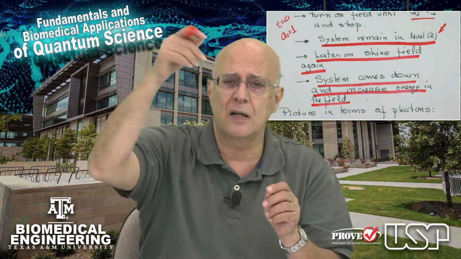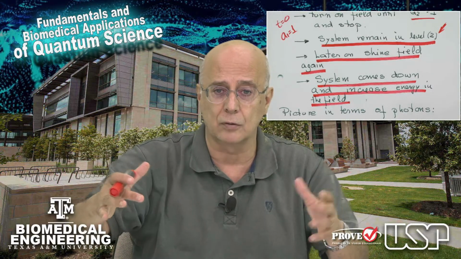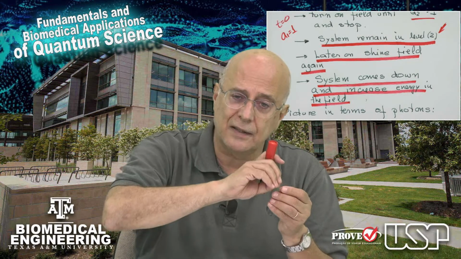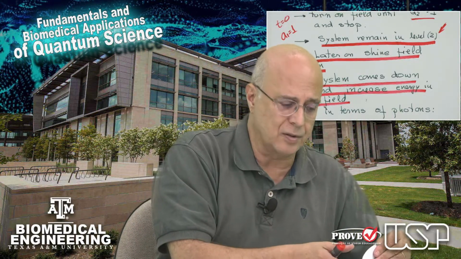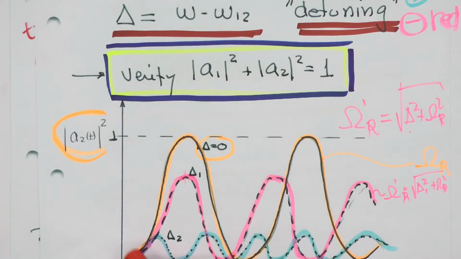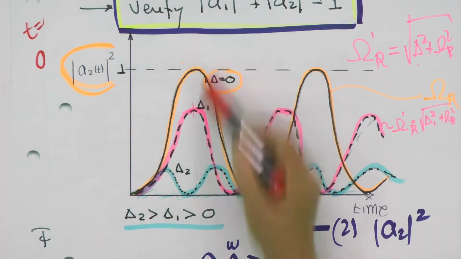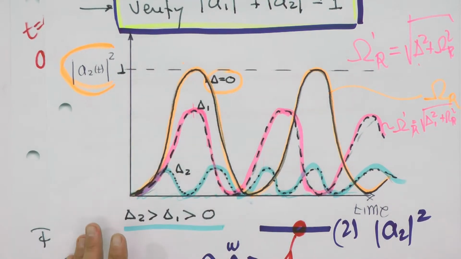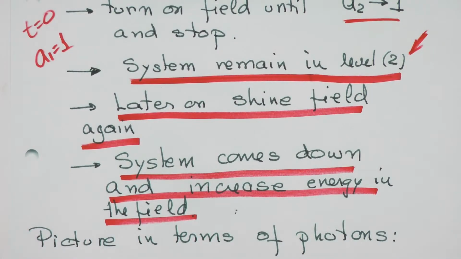So if you transfer the system to level 2, and if there are many molecules or many atoms, and you did that at the right time, you illuminate long enough for the system to start here, grow up, and stay in here. Then I cut it. So practically speaking, all the population is in level 2. If you're not taking the population from this level, it stays there.